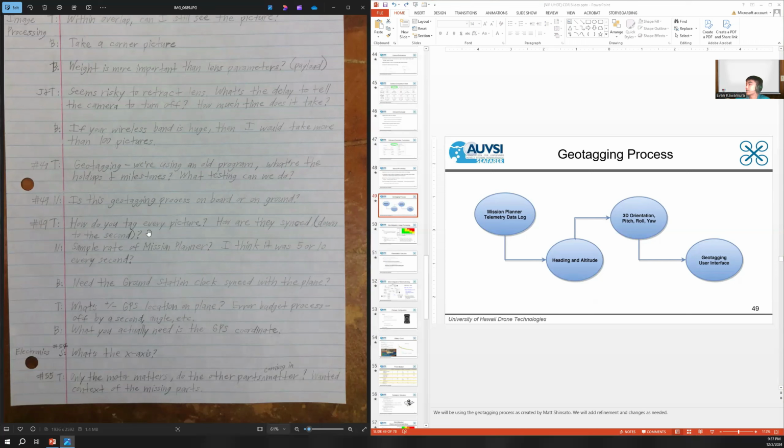But then we had the question, how do you tag every picture? Are they synced? Is it to the second? Good question. I think we don't answer it here. We didn't know the answer. But it turns out there's a program inside of Mission Planner, the ground control software. If I remember correctly, it's called Geo Reference or Geo something.